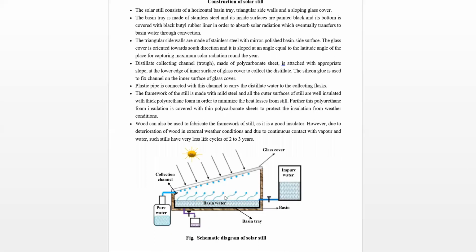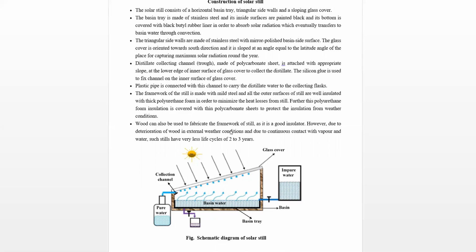As I said, the inside surfaces of this steel are stainless steel and mirror polished, but outside of this steel framework it is covered with thick polyurethane foam in order to minimize the heat losses from the inside of this enclosure to the outside through the side walls or the bottom, so the maximum energy is utilized to heat this basin, right?